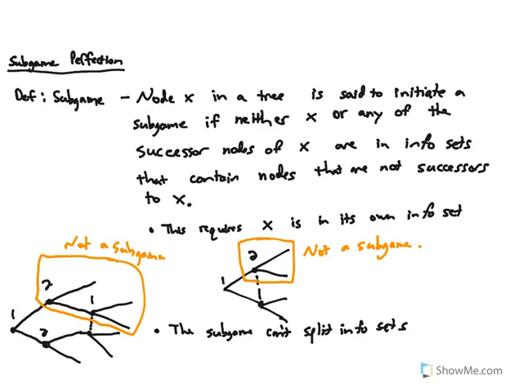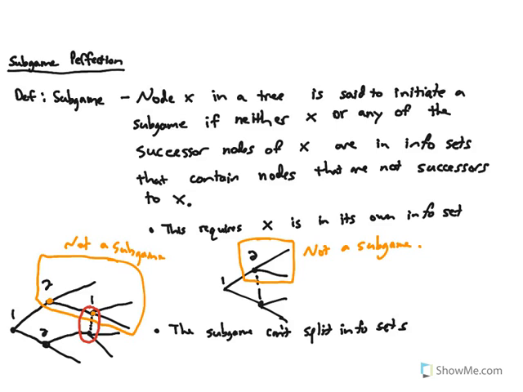Because this is the initial node of our subgame. This node is a successor to our subgame. But this node is in an information set that contains a node that is not a successor to the first one.